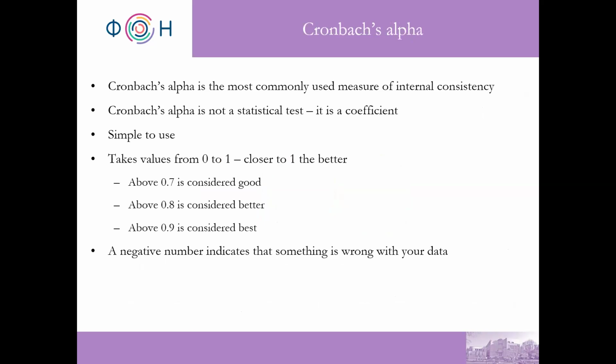Cronbach alpha is a metric which takes values between 0 and 1. The closer it is to 1, the more consistent our scale is, meaning that the questions within a particular latent variable are in fact measuring a particular phenomenon which we are interested in.